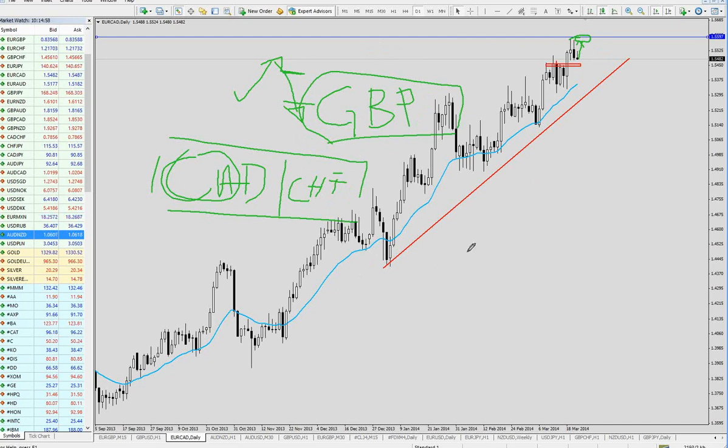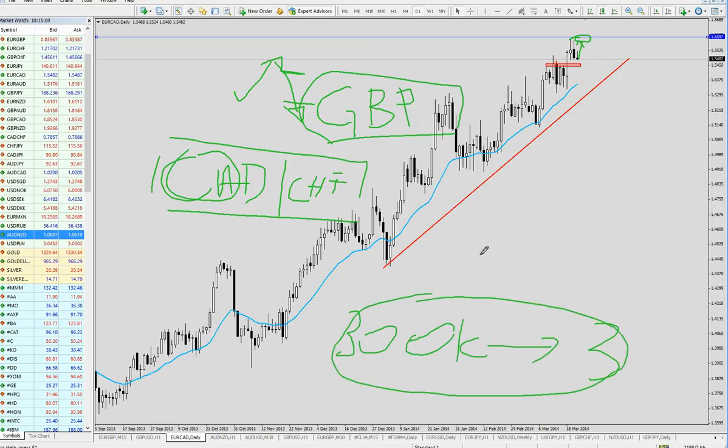Each should be smaller, right? So let's say we can go 300,000 or 3 lots together. So we can take one, let's say, short EuroCAD, 300,000 or 3 lots, right? Or we can take 100, 100, 100, or one lot of each of them, right?